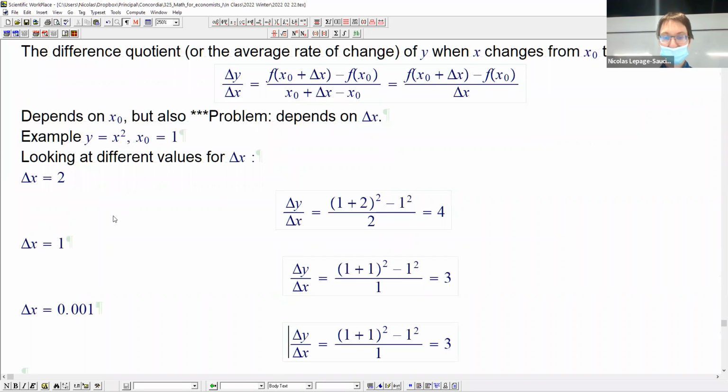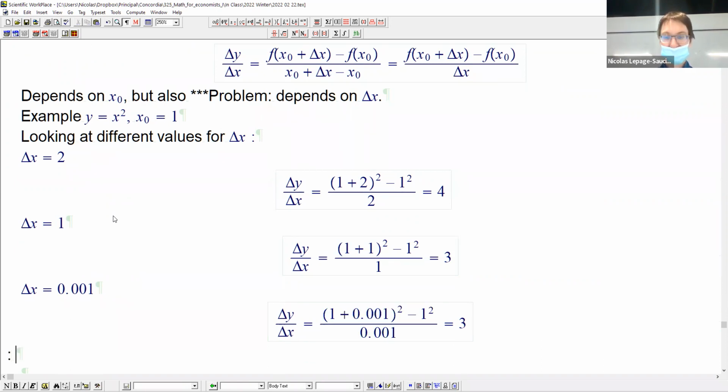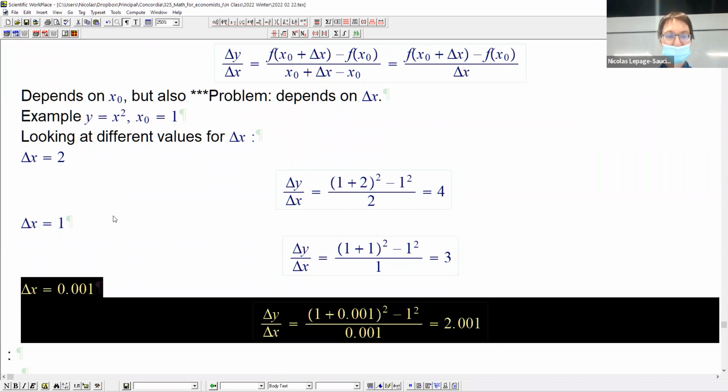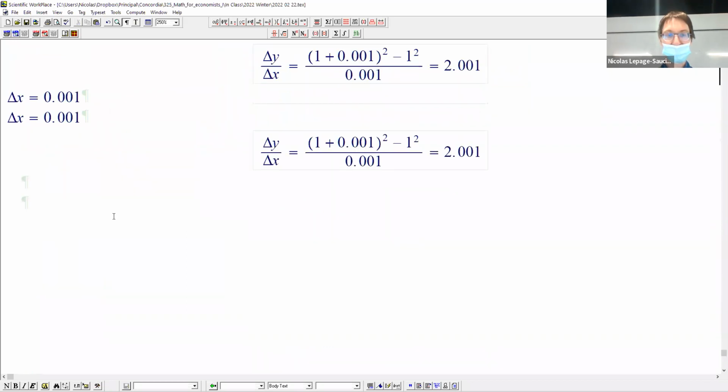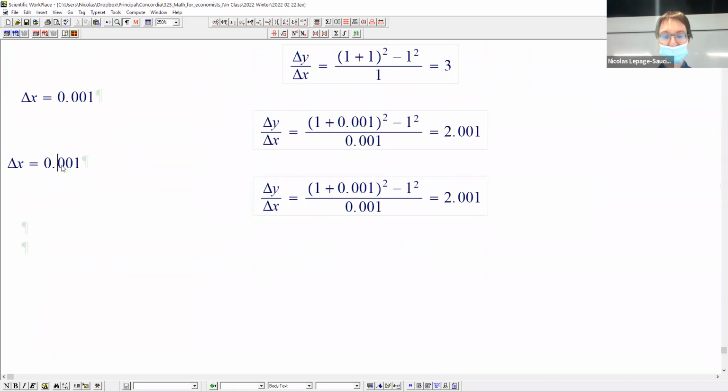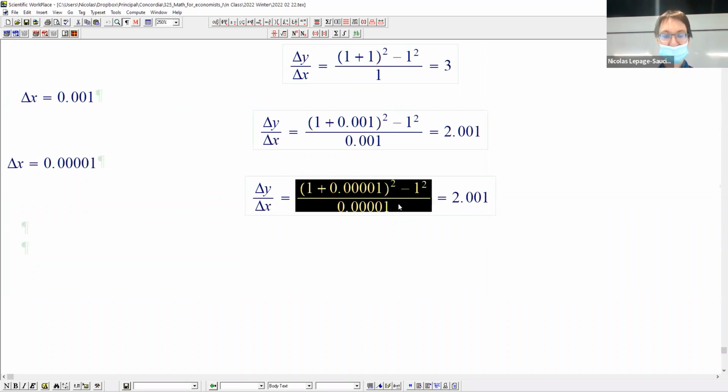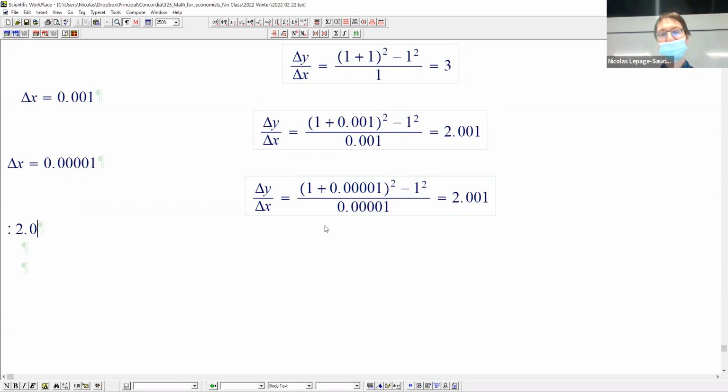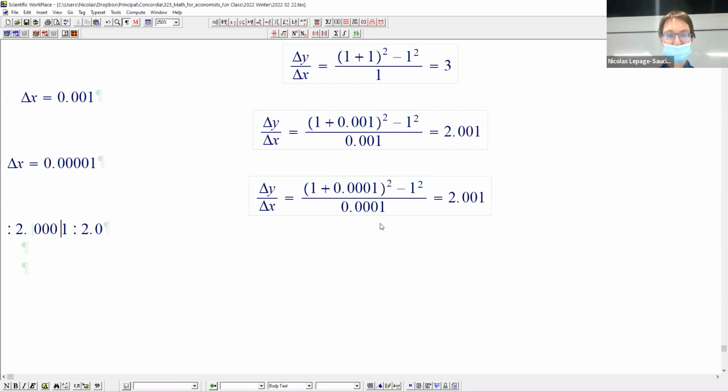If I do this, I'm going to 0.0, and I get much closer to 2. And just for the sake of it, since I have a computer and I type really fast, let's add zeros. Does it take it? Oh yeah, now it says it's too precise. Let's remove one. Okay, so I have one more.